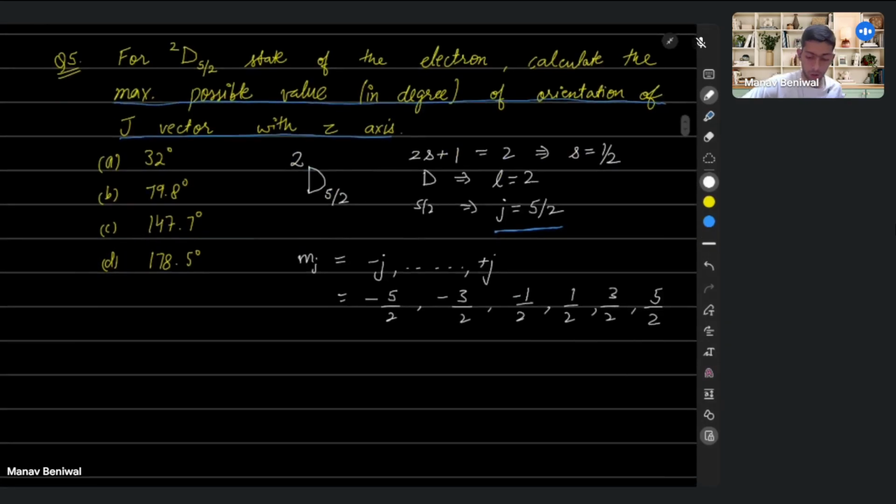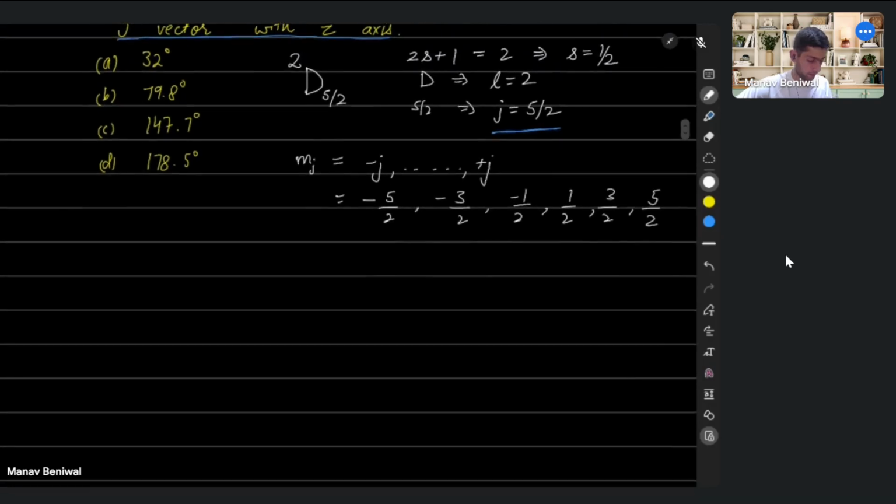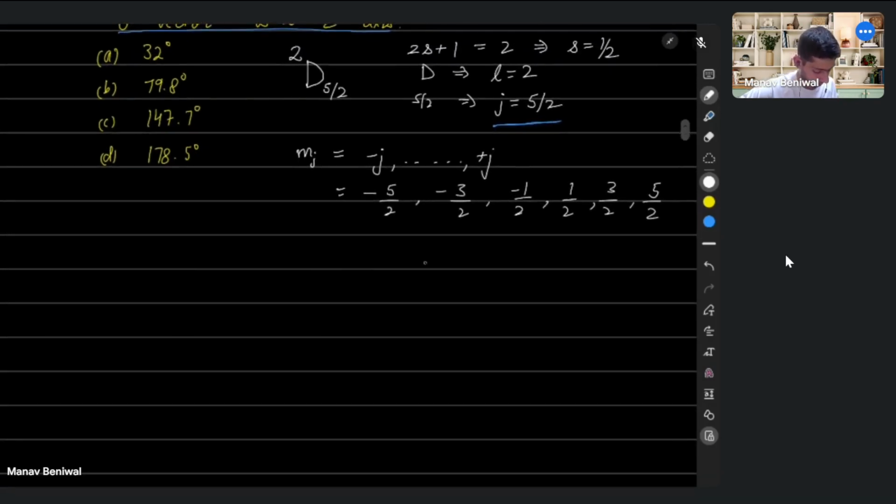And then how do we get the angle with the z axis? If we draw our z axis like this, right? If this is our z axis, then what will happen?